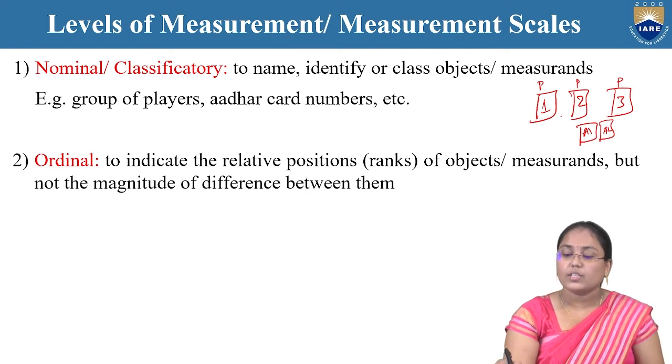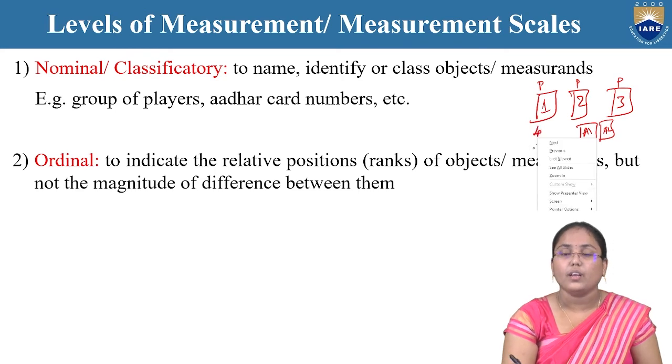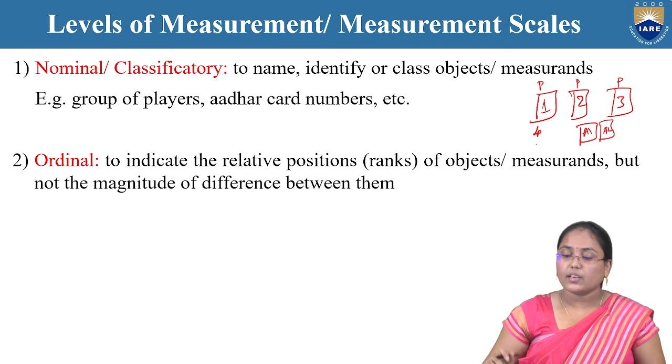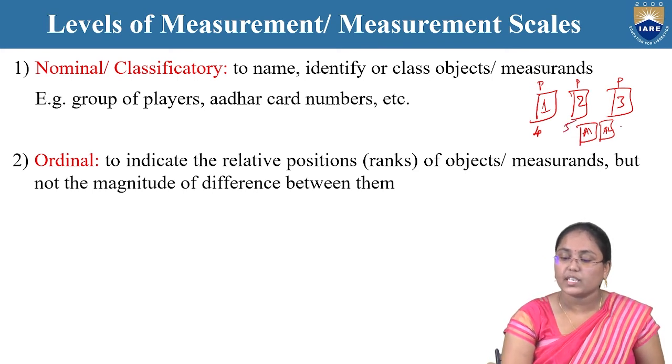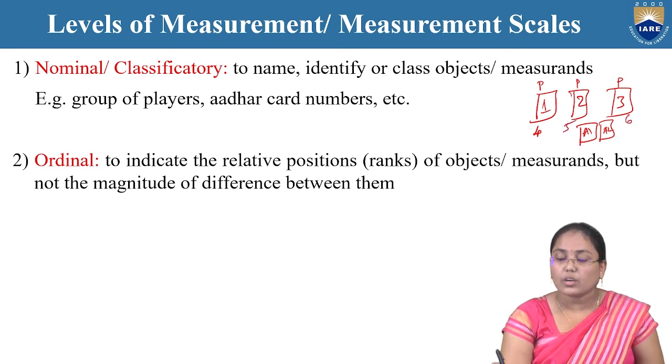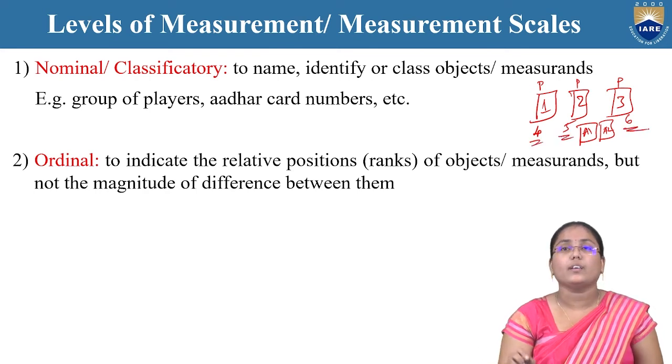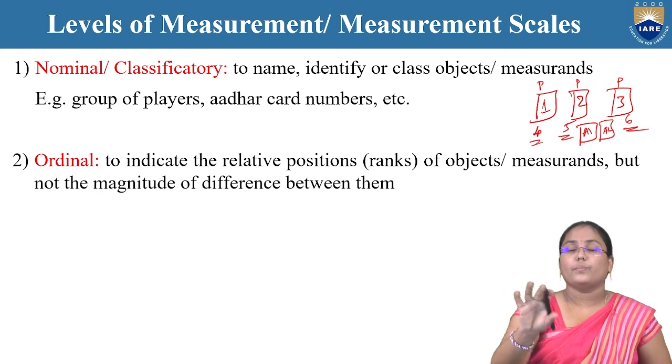Player 1 is getting rank 4, for example, player 2 is getting rank 5, and player 3 is getting rank 6. So we are giving a rank to these players.